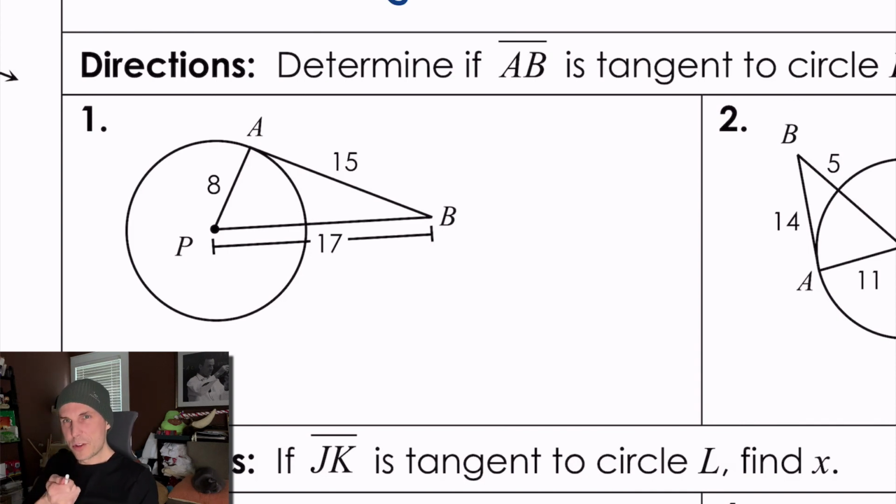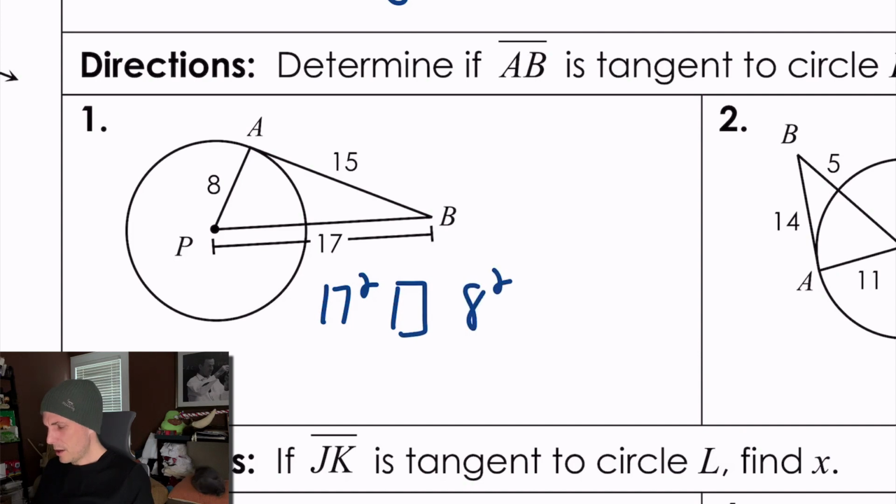How about the converse of the Pythagorean theorem? That's when we say, well, if the sum of the squares of the shorter sides is equal to the square of the longest side, then we have a right triangle, and then that would mean that if that's a right angle there, then we have a point of tangency. Okay, which means the line is tangent. So let's go 17 squared versus 8 squared plus 15 squared.